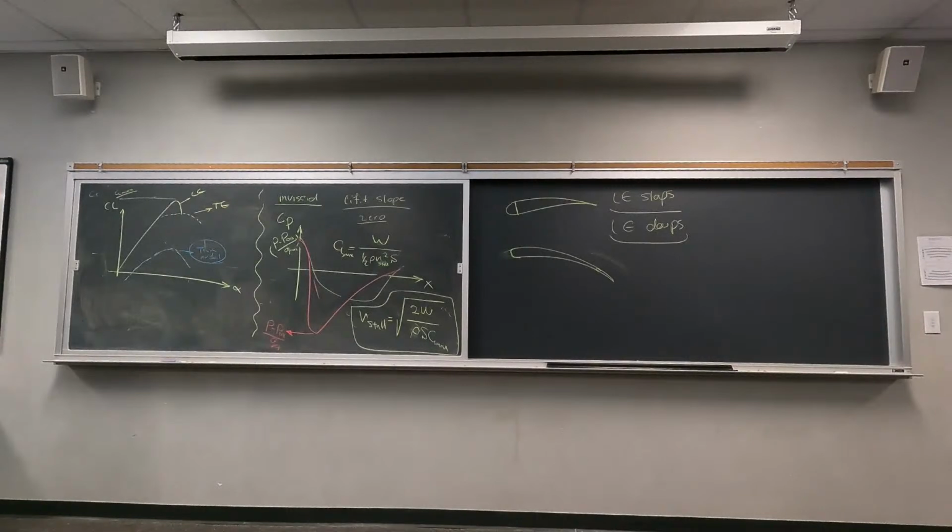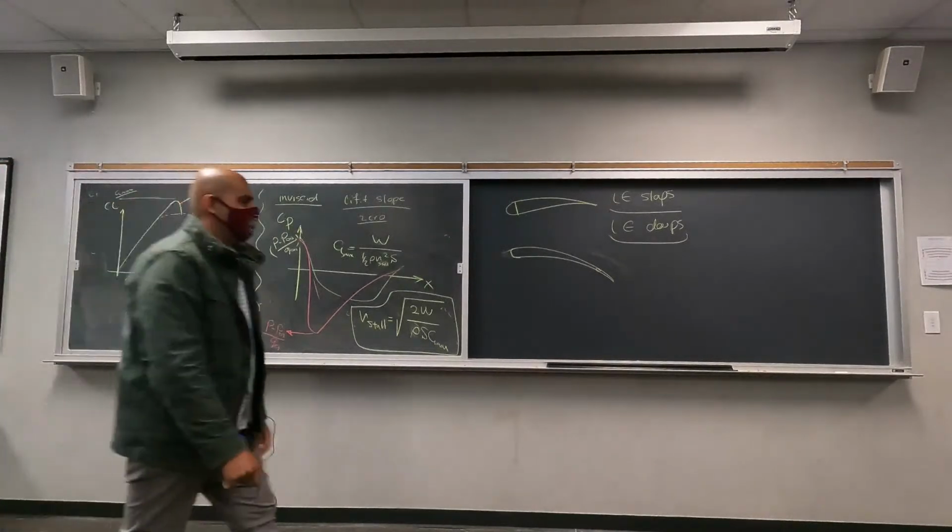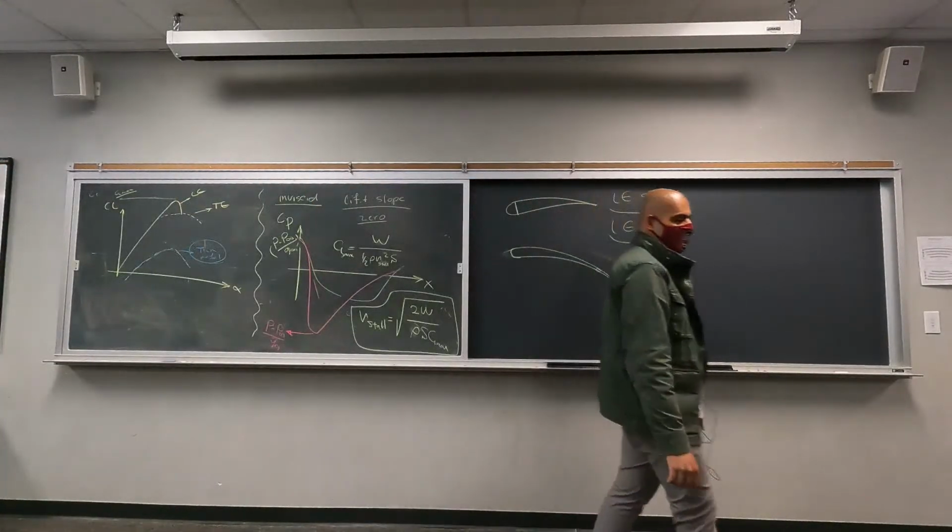It will definitely increase drag because you're putting a flat surface in front of the flow, but it may delay the flow separation. I don't know. We have to study that. That's an interesting idea. That's an interesting conclusion from the earlier discussions.